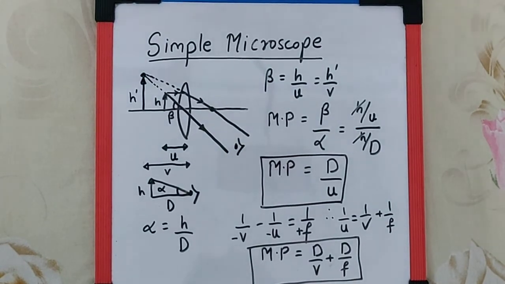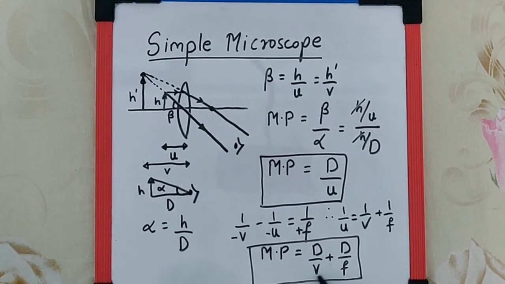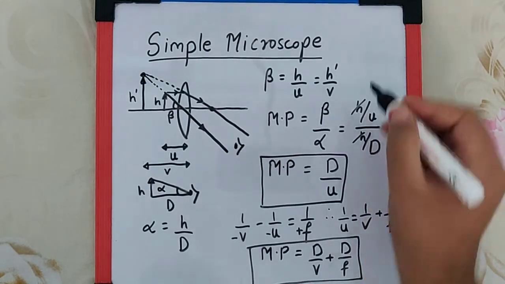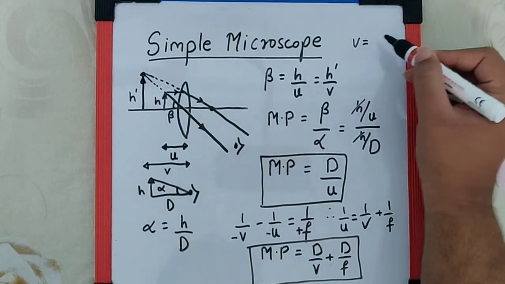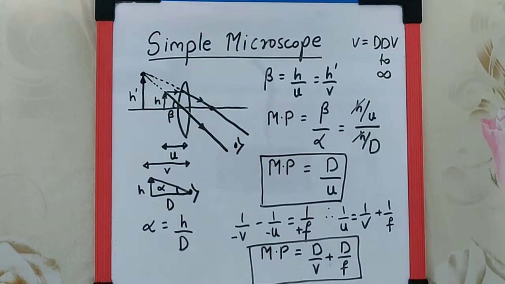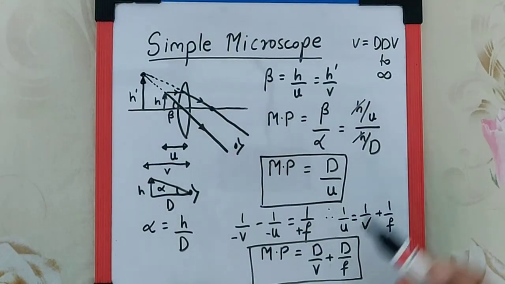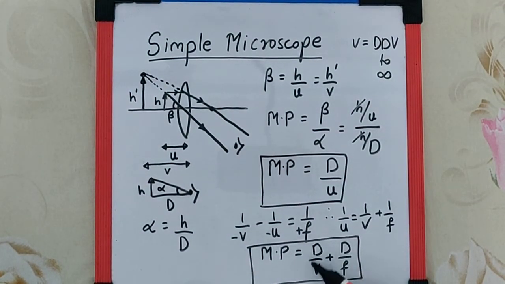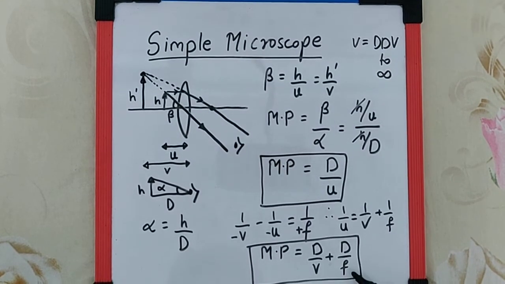Now we can have a range of v, from where the image can be seen clearly to the point where it cannot be seen at all, which means v can range from D to infinity, because at D the image is seen in the clearest way. If we put D over here, we get this ratio as 1, and so the magnifying power becomes 1 plus d by f.